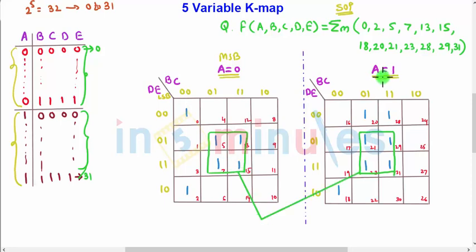We'll see A is equal to 0 and A is equal to 1 here, so A bit will be cancelled out, but the BCD part is common for both the groups. If we go straight upwards, one bit will be common, that stands for C. C is equal to 1, and if you go straight leftwards, there will be another bit common, that is nothing but the E. So the group is C, E.